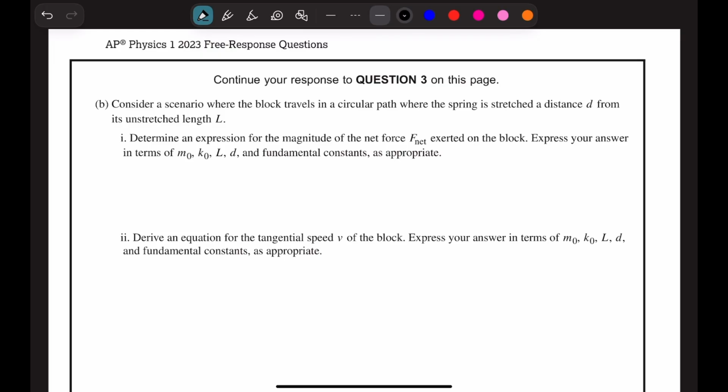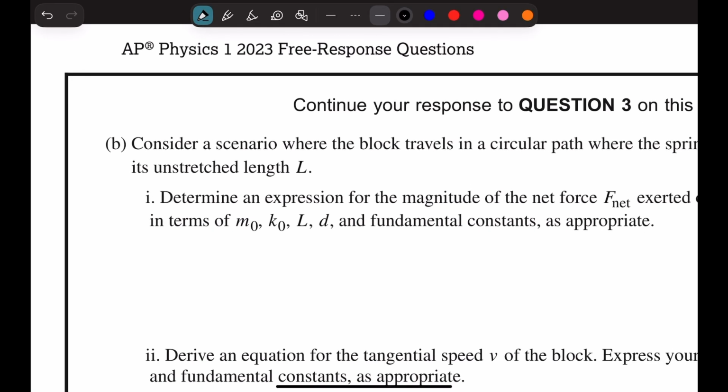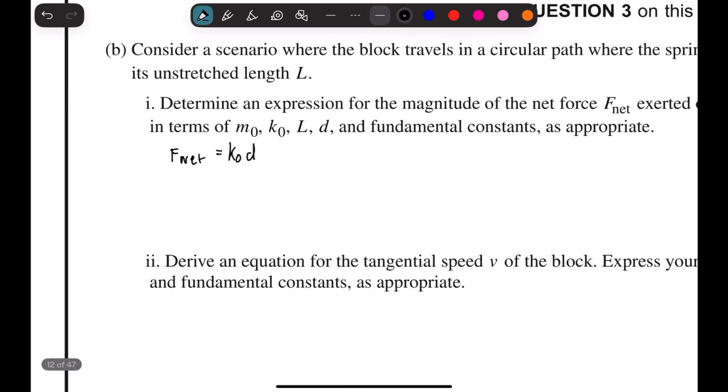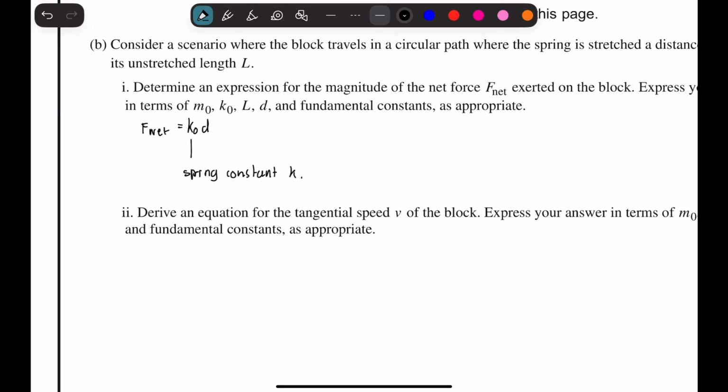We know that F net is equal to k initial times d, where k is the spring constant. And there is no centripetal force yet.